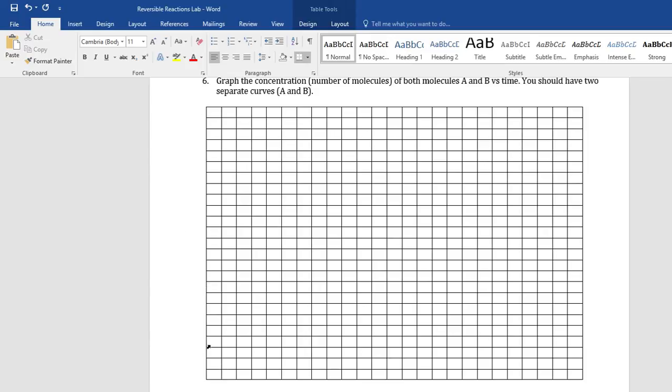There's 1, 2, 3, 4, 5, 6, 7, 8, 9, 10, 11, 12, 13, 14, 15, 16, 17, 18, 19, 20. Oh, perfect. 21, 22, 23, 24, 25. That means everyone could be 4, and you'd get to 100, and that'd give you a nice range. So 0 to 100, from this bottom line to the top line, goes up by 4s.